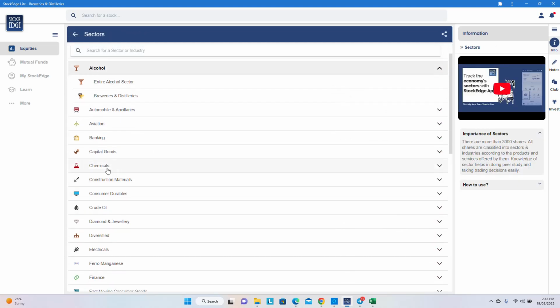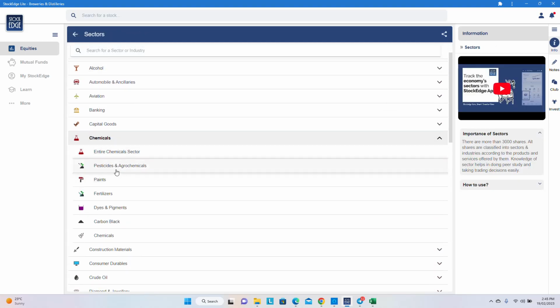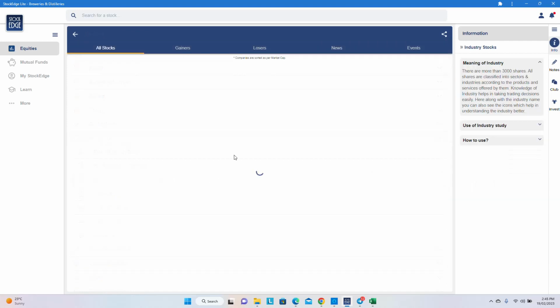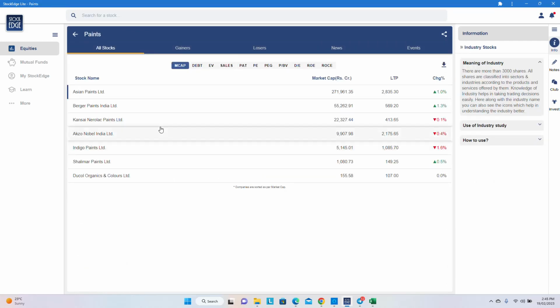Similarly, if I go to chemicals, there are pesticides, paints, fertilizers. I will click on paints. Here are the 7 companies listed in the paint segment, but we don't have an exclusive index for it. So let's create this one.